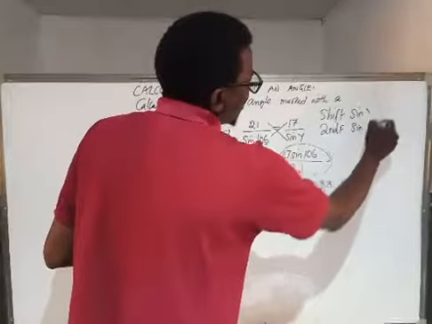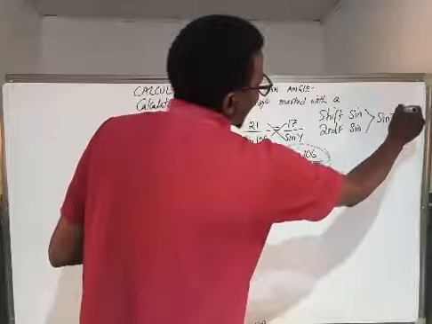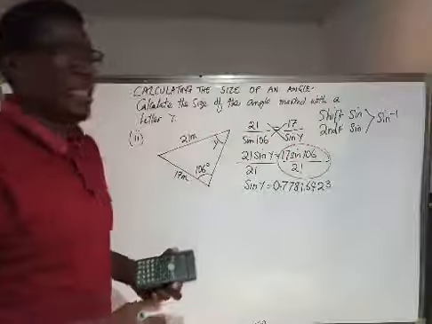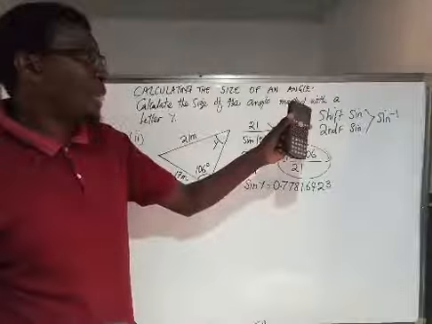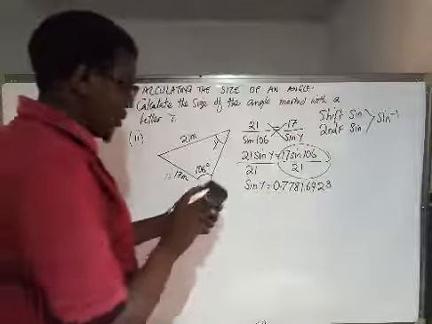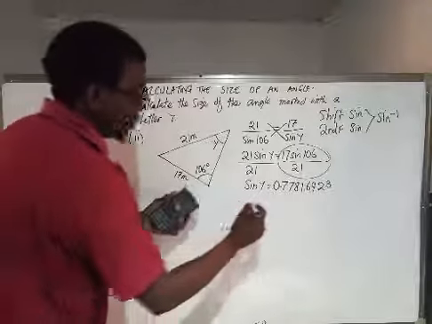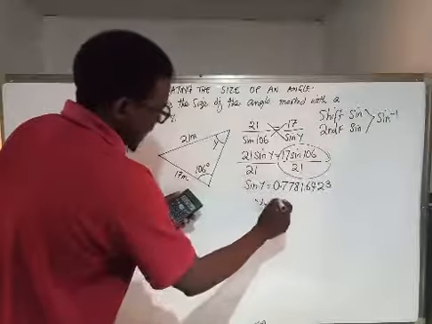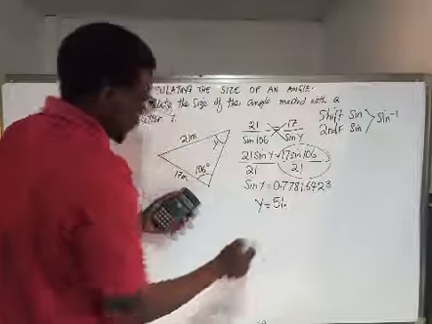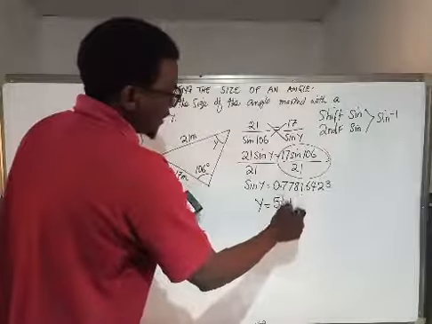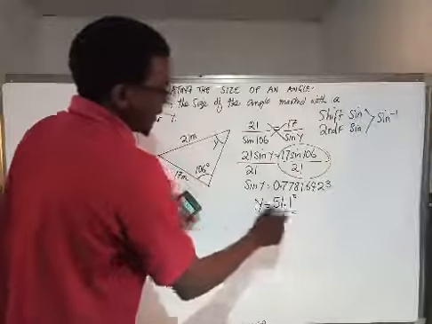And you are going to see something appearing like this. Once you see that, you press equals. So I'm going to say shift sine equals, it will give me my Y as 51.09. So correct to one decimal place, it will be 51.1.